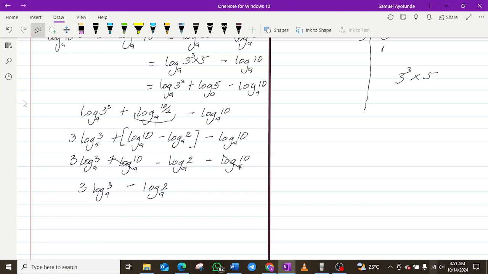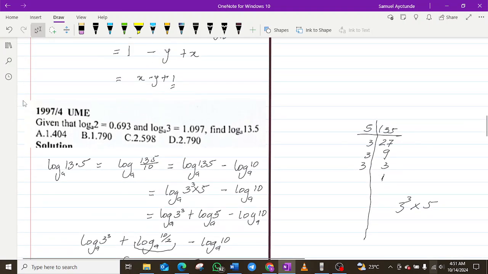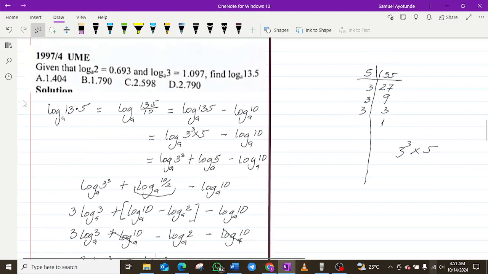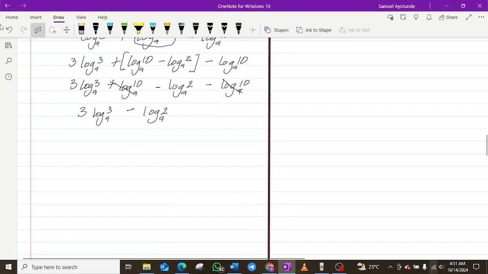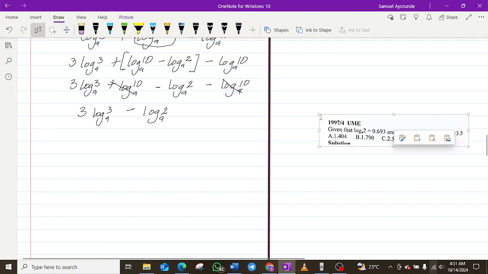So let's see the values we are meant to use to substitute this. We are using 0.693 to replace log 2 base a and 1.097 to replace log 3 base a.